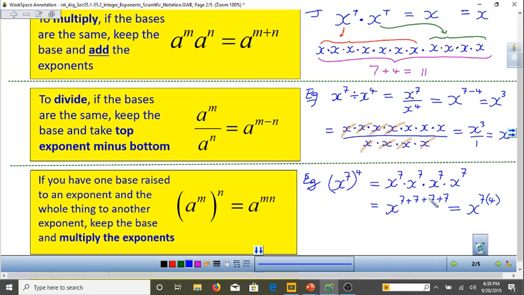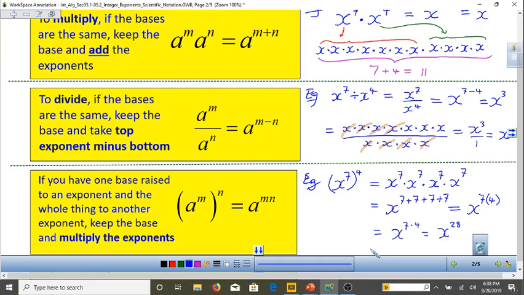So when I add 7 to itself 4 times, I'm actually multiplying 7 by 4, which gives the same result. So the answer, therefore, is x to the 7 times 4, which is 28, x to the 28, which means I have 28 x's multiplied together there.